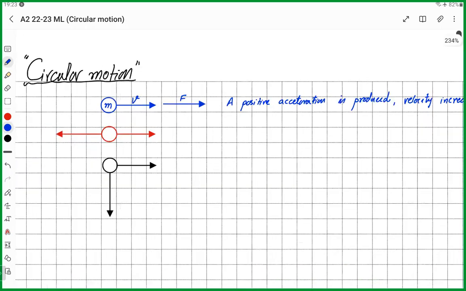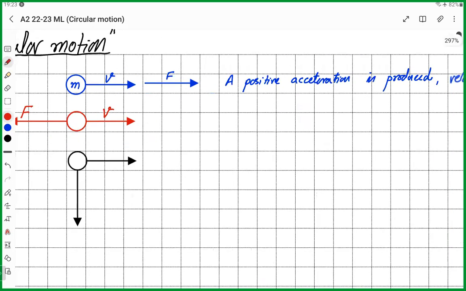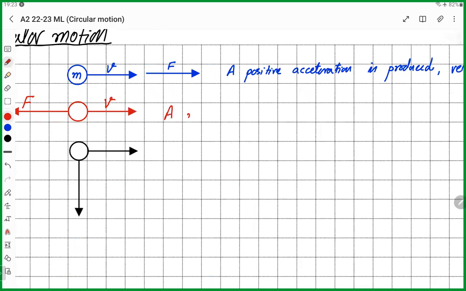Now, if the object is moving in the forward direction, towards right, for example, and the force that we engage it with is acting opposite to the direction of the velocity. This is what we do when we apply brakes on a car. The net force is acting opposite to the direction of velocity. What happens? A negative acceleration, and I'm using positive and negative in terms of velocity.